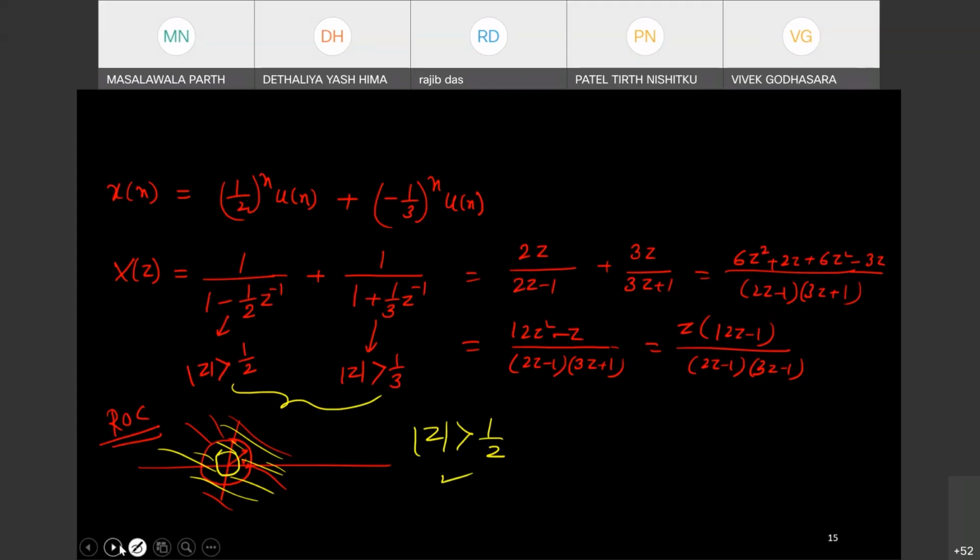Suppose if I consider one example, that x[n] in this form, a to the power n u[n] minus b to the power n and u[-n-1].